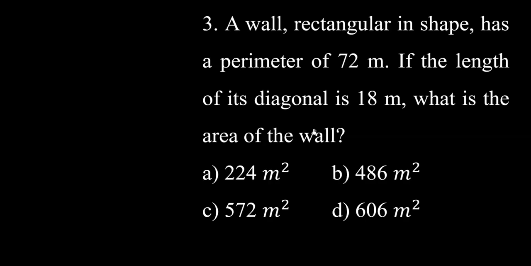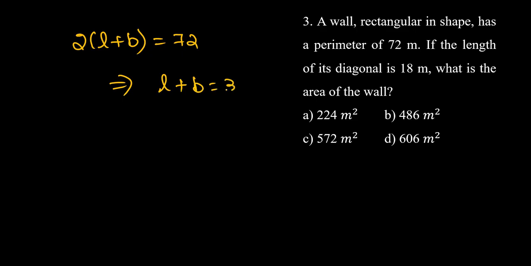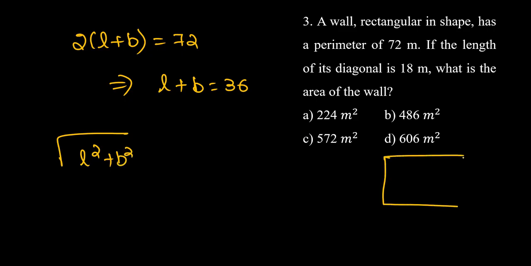We can apply the Pythagoras theorem, root of L square plus B square. So as per the question, 2 into L plus B is 72, so L plus B must be equal to 36. Another data you have, diagonal is root of L square plus B square.